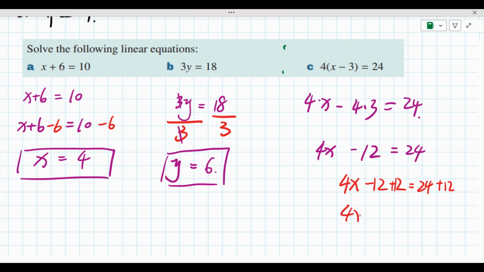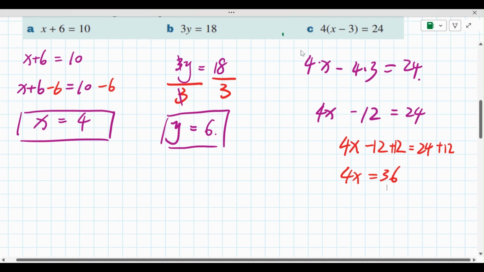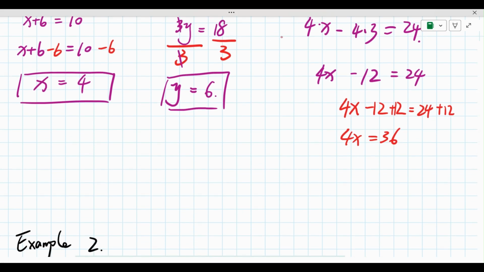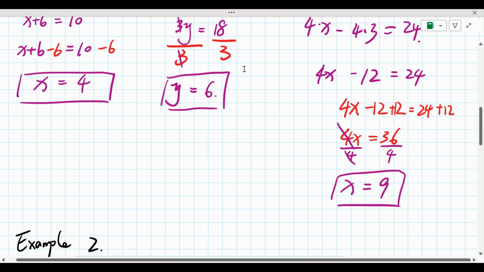So 4x equals 36. Now both sides are divided by 4. Divided by 4, divided by 4, cancel out, x equals 9. Solve the equation.